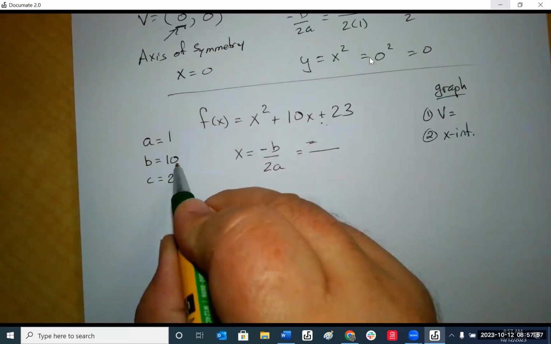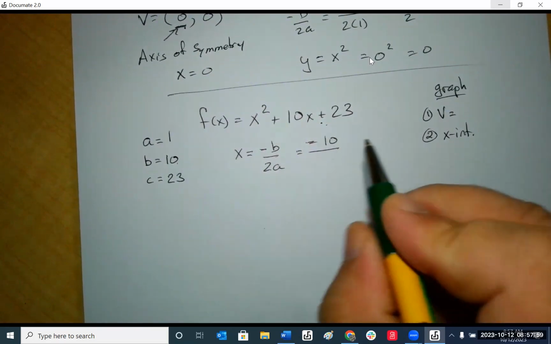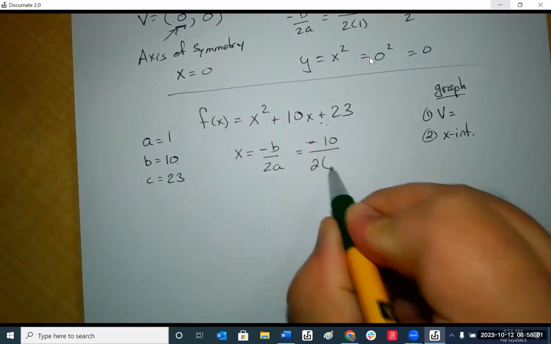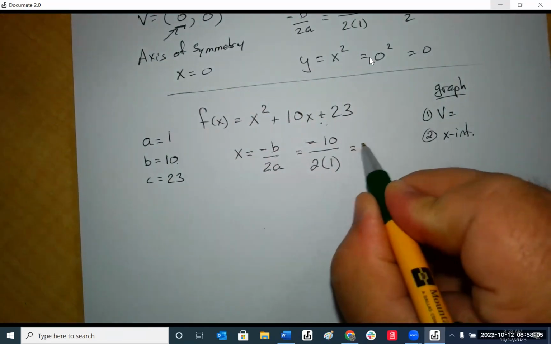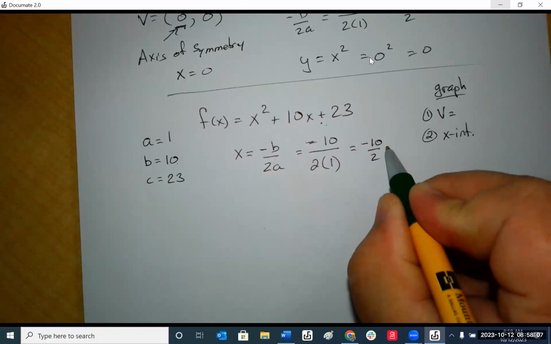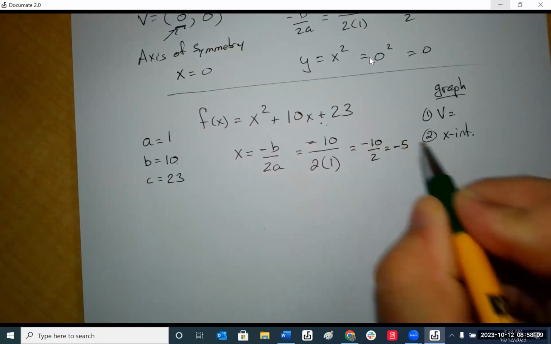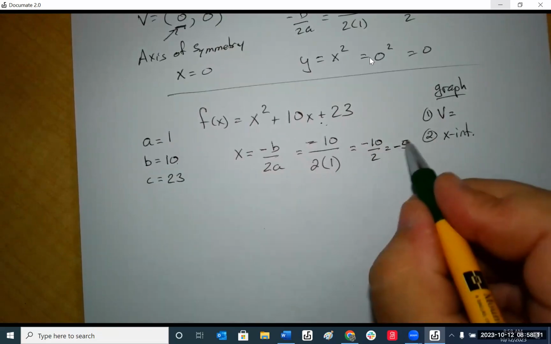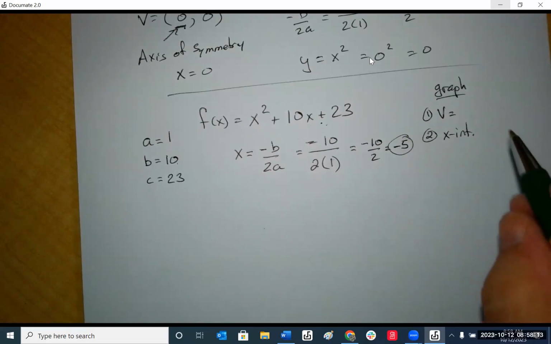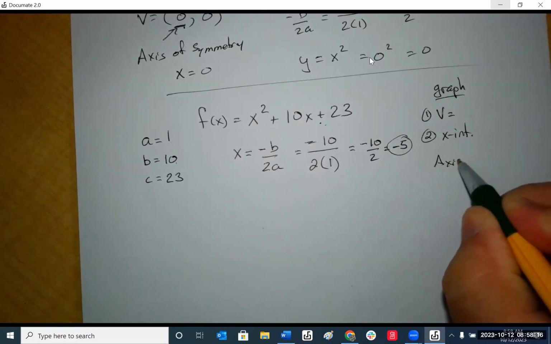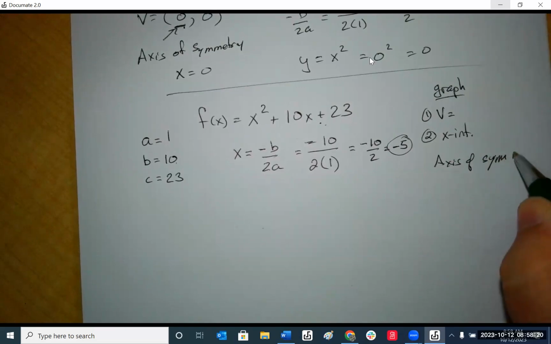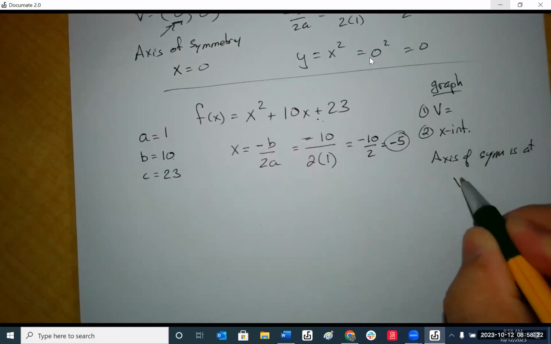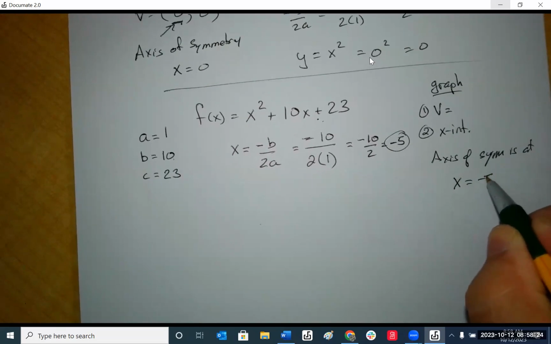So it's negative 10 over 2 times a. A is 1. Negative 10 divided by 2 is negative 5. So the axis of symmetry is at x equals negative 5.